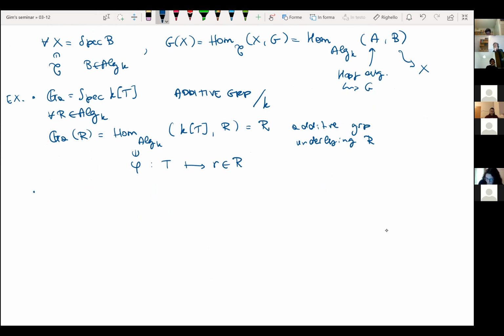In a similar fashion, we can consider G_m, which is the spectrum of K[T, 1/T].